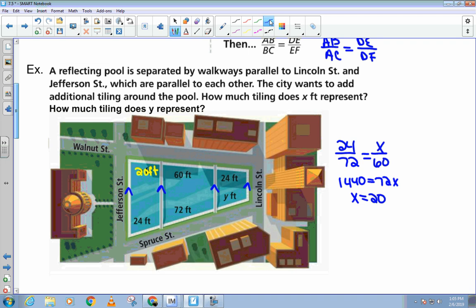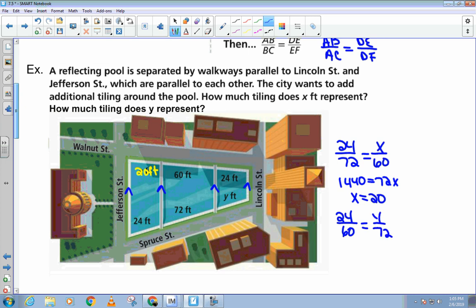Now we want to find y. So what are we going to do to set up for y? 24 is to 60 as y is to 72.